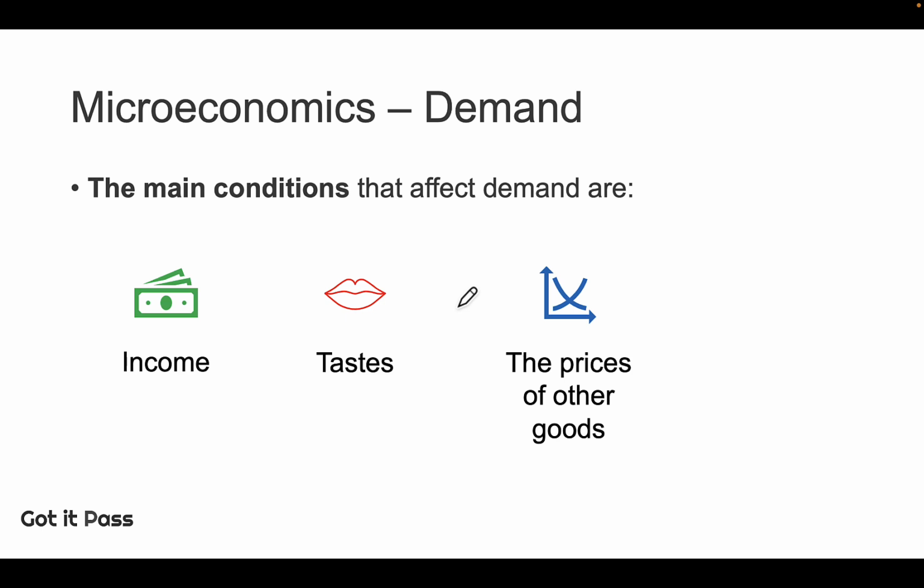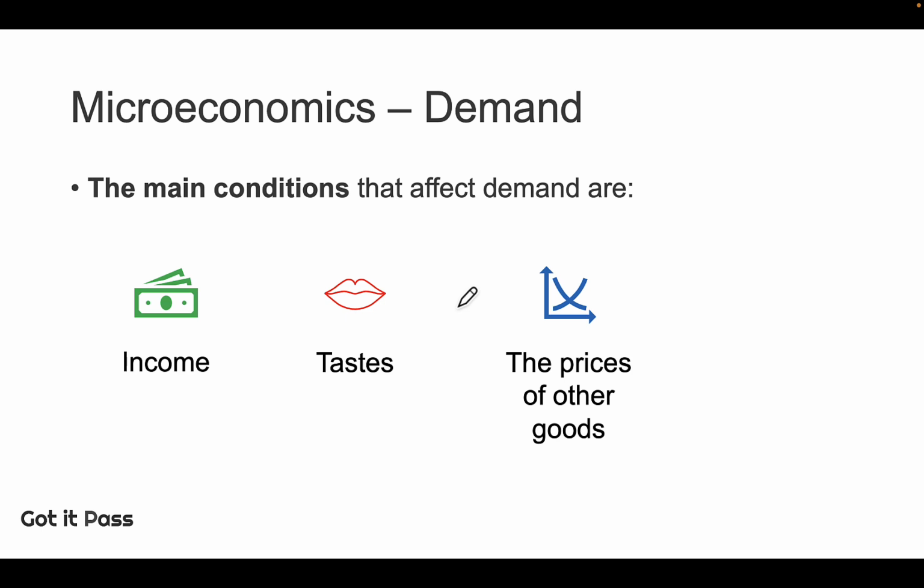But if they are complements or substitutes, then a price increase for one good may have an impact on the other. One example is joint demand, for example, cars and tires.